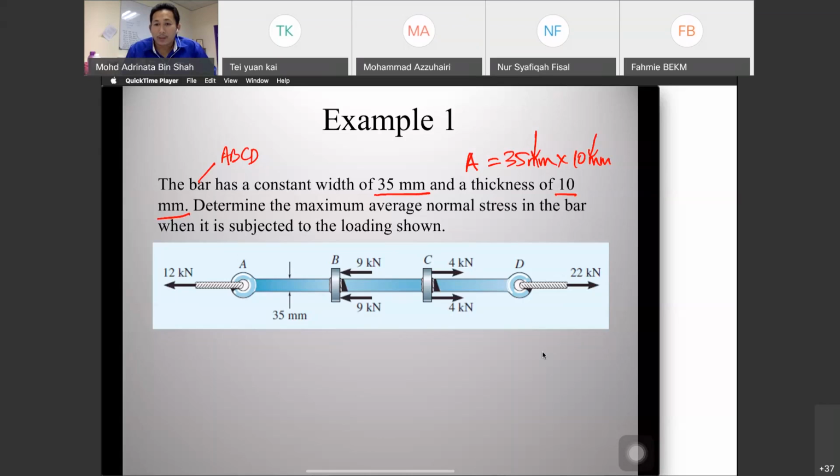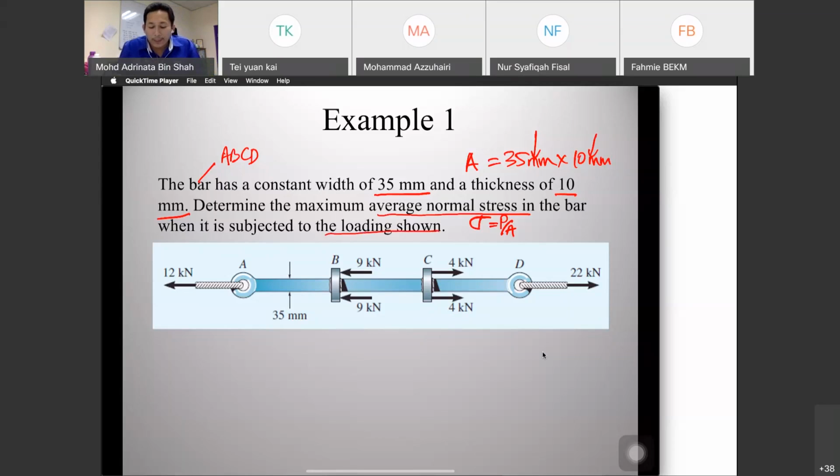Kalau nak selamat, you can change it to meter in the first, 0.035 meter. Okay, so 0.01 meter. So you got your area in meter square. Kalau yang tak biasa. Determine the maximum average normal stress. Normal stress ni, in the bar when it is subjected to the loading shown.